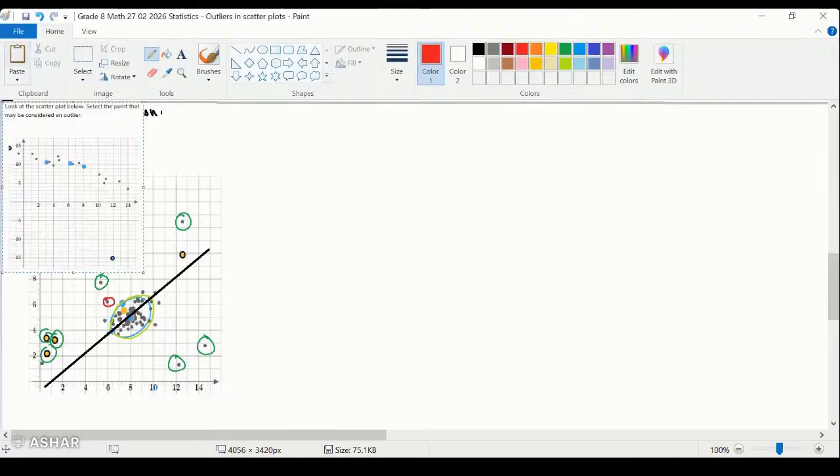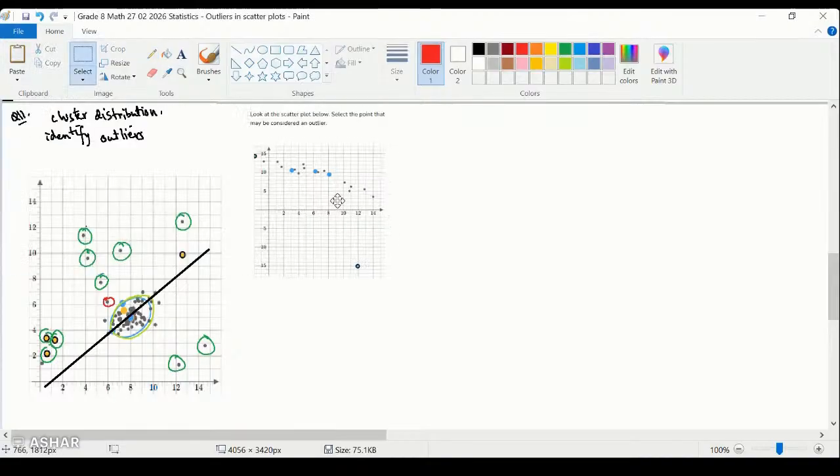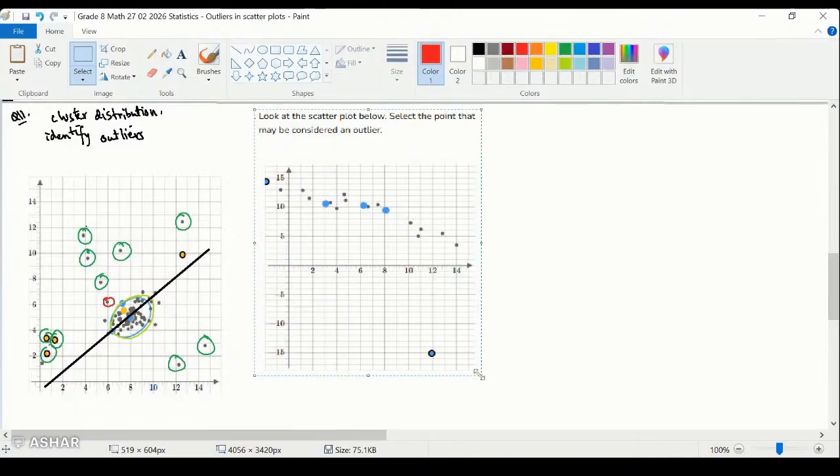For the next question, if these points were given to us, we need to select a point that might be an outlier, at this point, and this point, right? So if we want to draw a line of best fit, the line of best fit will pass through the maximum number of points, or in between the maximum number of points, right?